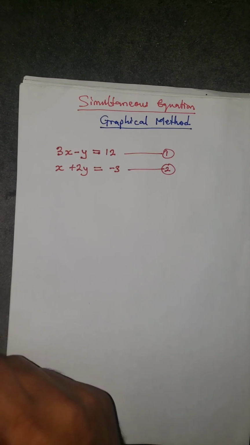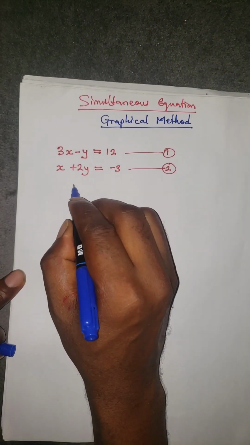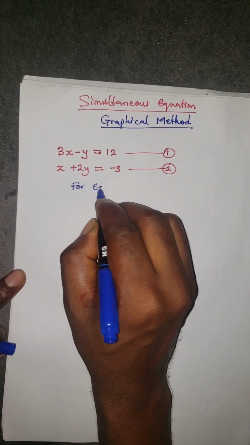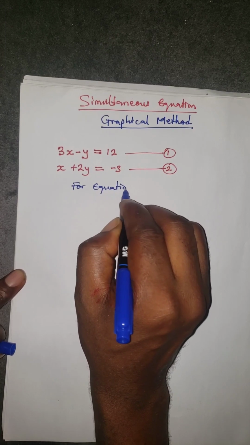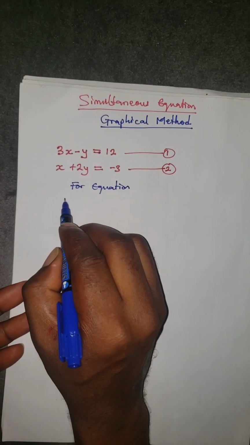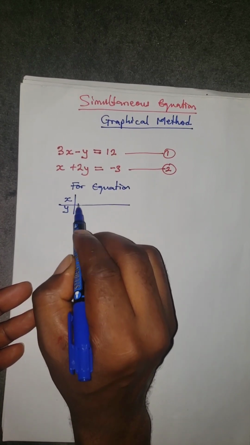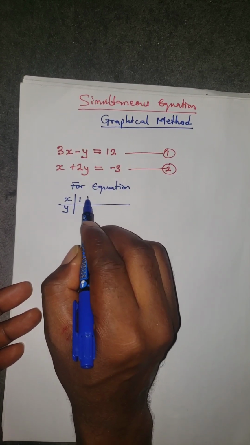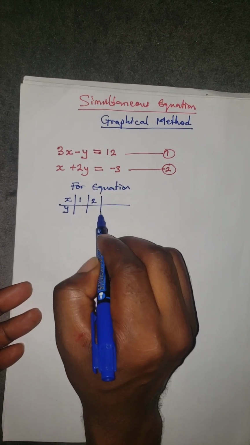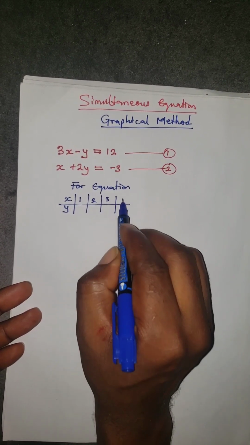For equation 1, we have our x and our y. So let's create our table. 1, 2, 3, and 4.